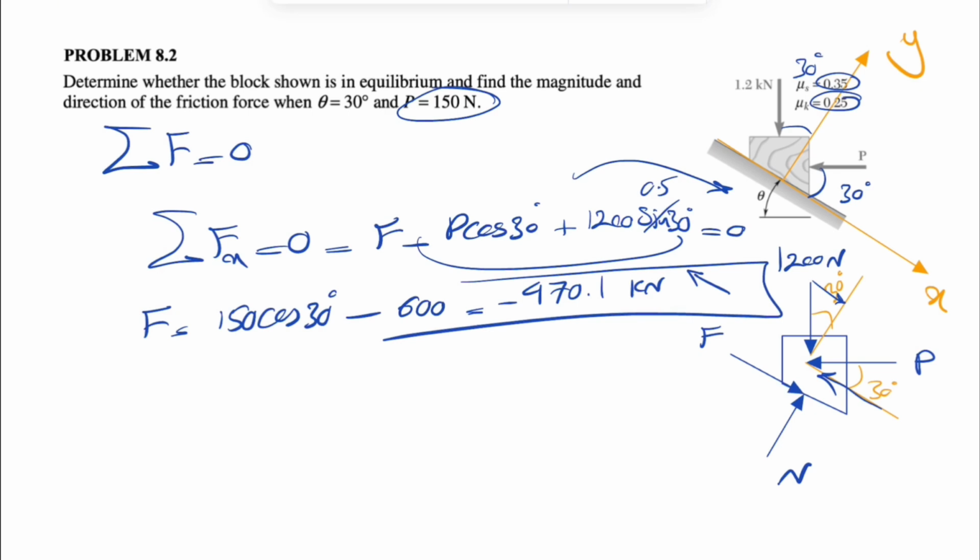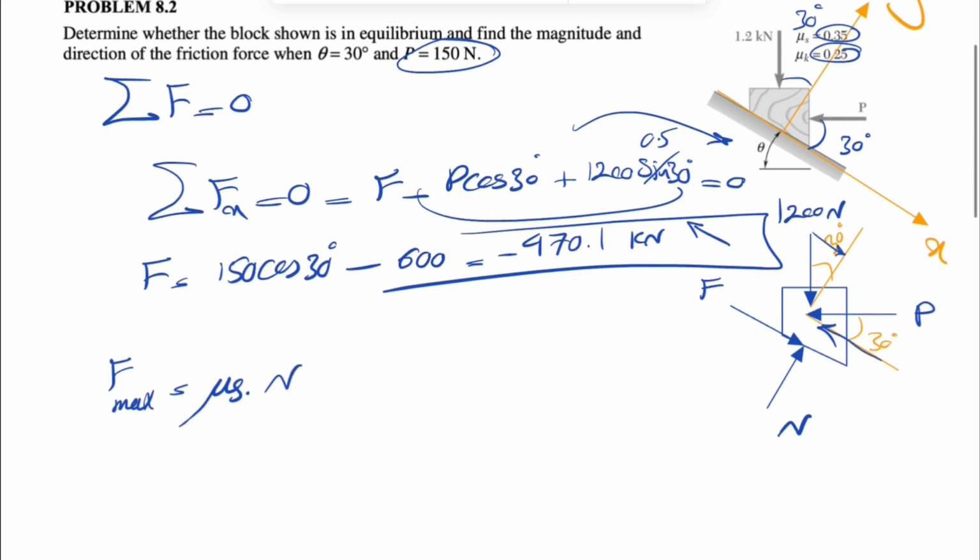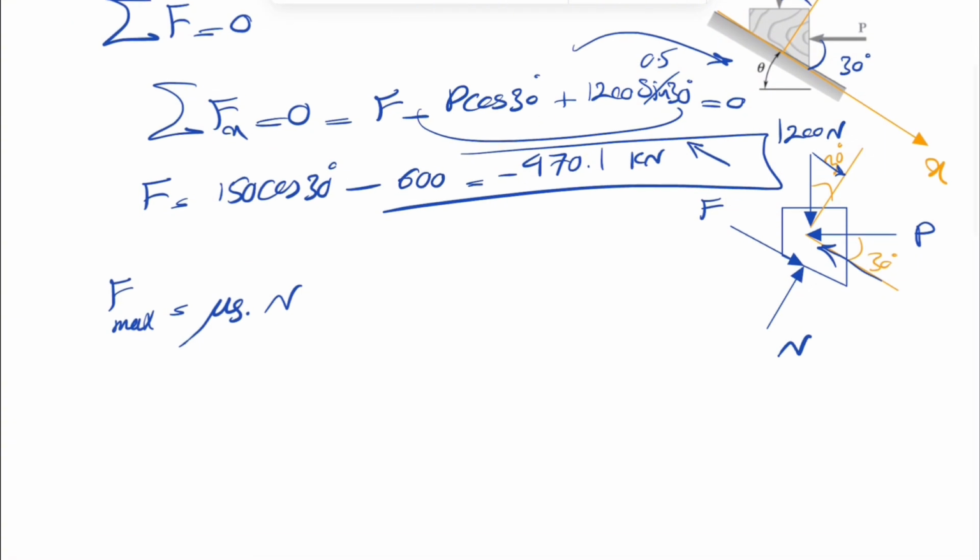To confirm that, we have to find the maximum friction here. For that we have the static coefficient, which is greater than the kinetic coefficient, and therefore it makes higher friction. So the max would be the static coefficient times N, the normal force, but we have to figure it out.